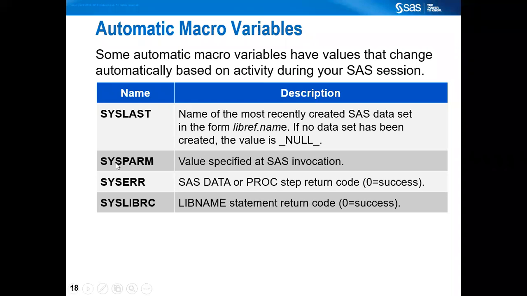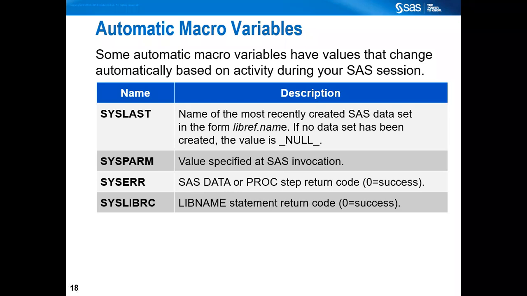So you also have some system defined macro variables called sysparm, or you can call it PARM, any which way. This will store the values specified at SAS invocation. So it's like parameters, okay? So syserr means currently whichever step you have executed, either a data or a proc step, did this data or proc step execute successfully, with errors or without errors?